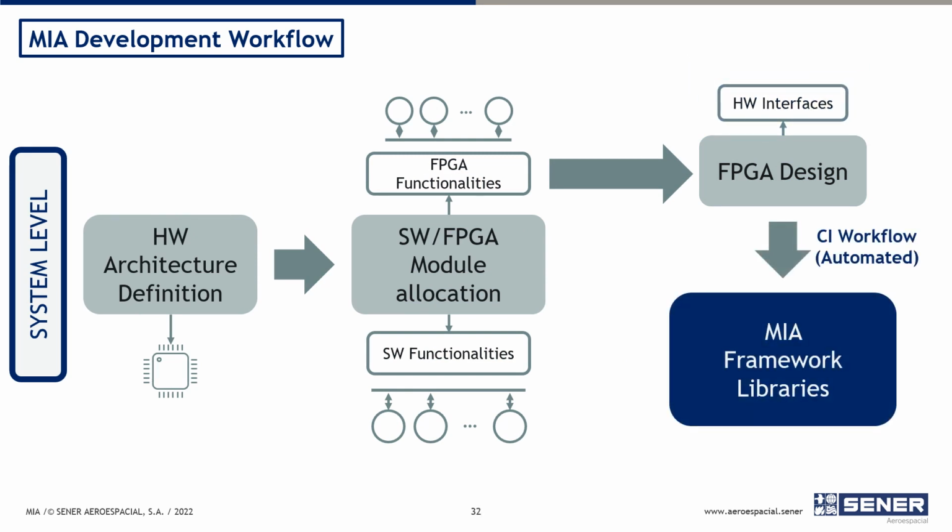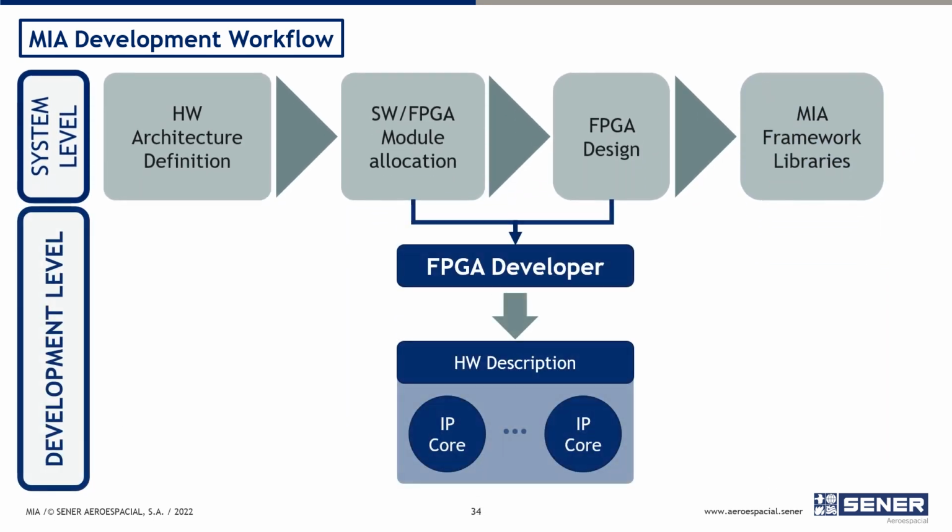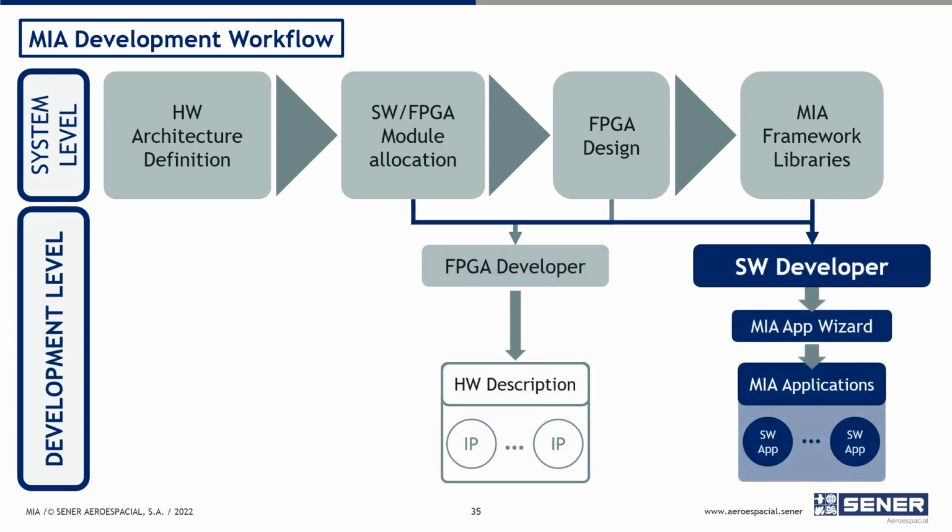In the case of the functionality to be implemented in the FPGA, after designing the blocks and the interfaces they offer, the automatic process of continuous integration generates the necessary libraries to use these IP blocks. At the development level, therefore, the FPGA and software teams can work in parallel, feeding back through continuous integration cycles.